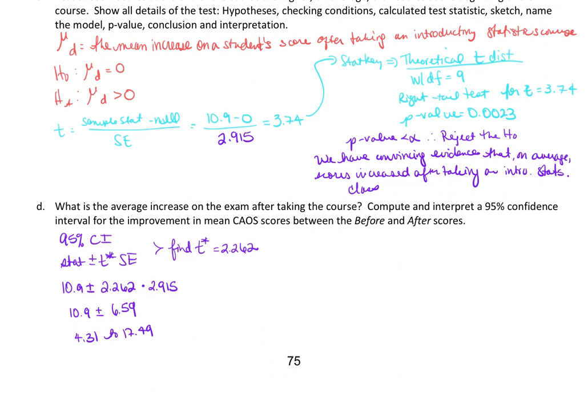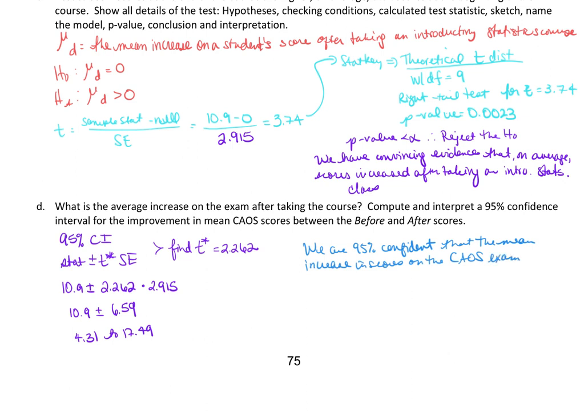And if we interpret it in context, we are 95% confident that the mean increase in scores on the, I kind of want to call it the chaos exam, the CAOS exam, and I know chaos has an H in it.